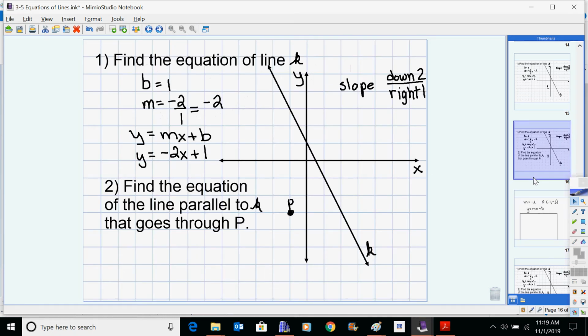Okay, somehow on the paper that you have, your point P is showing up at 1, negative 2. So thank you for pointing that out. What I'd like you to do is move that point to negative 1, negative 3. So please move it. I really honestly have no idea how that happened.